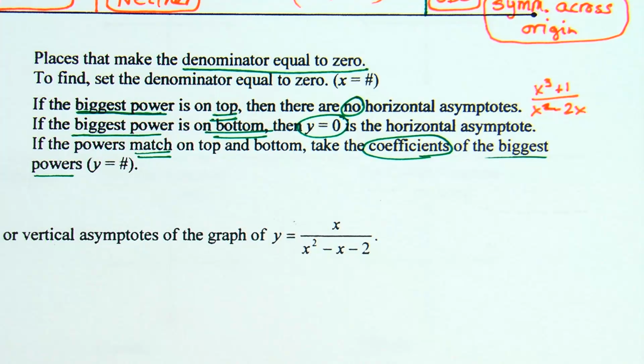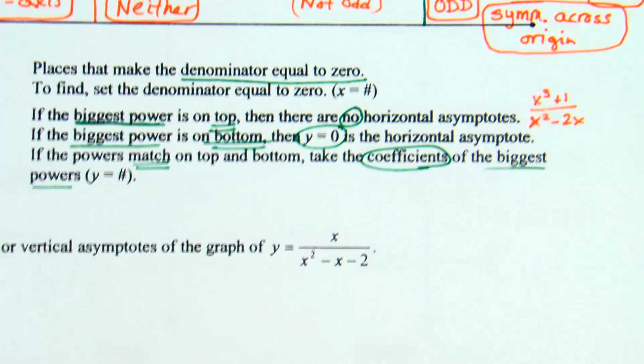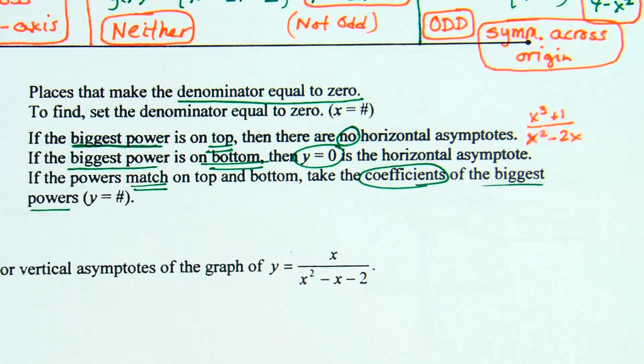Okay, so what I wrote on the top row is x cubed plus 1 over x squared minus 2x. What do you notice? This is an example where the bigger power is on top, so there would be no horizontal asymptotes.